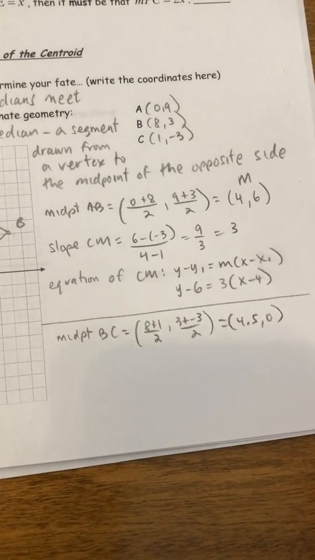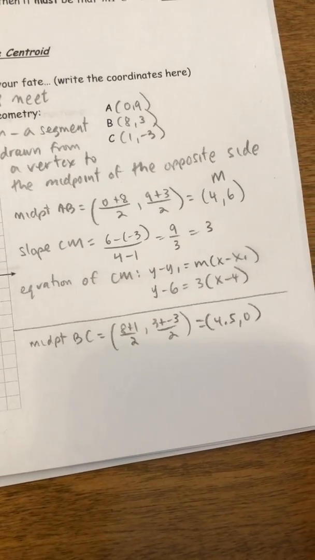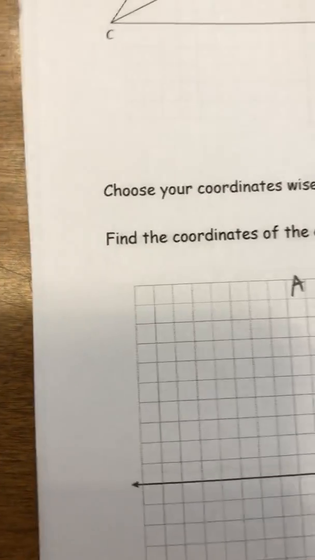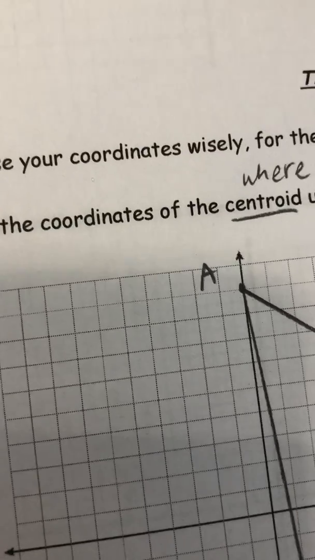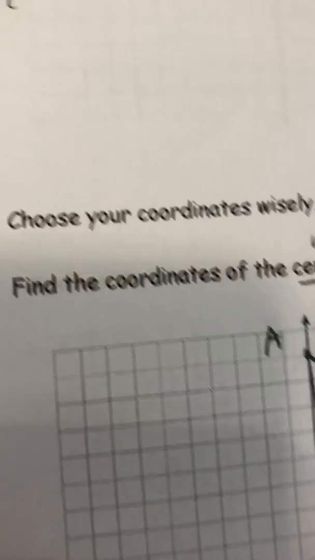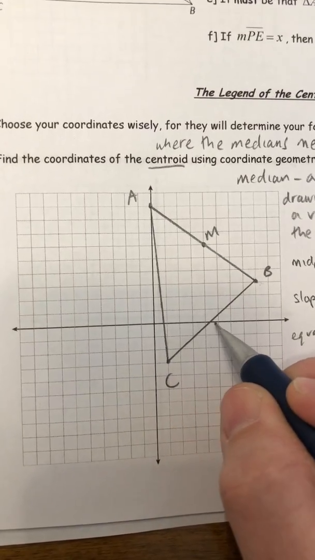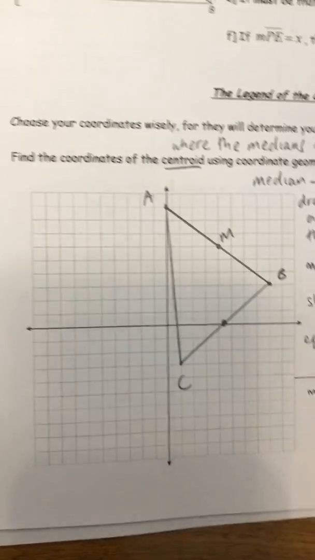Okay, (4.5, 0). I'm going to call that point E. I'm going to plot it, (4.5, 0). 1, 2, 3, 4.5, 0 is here.